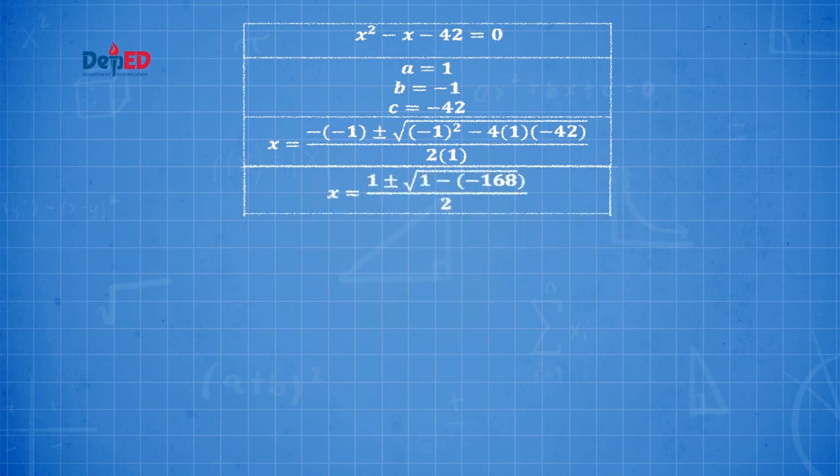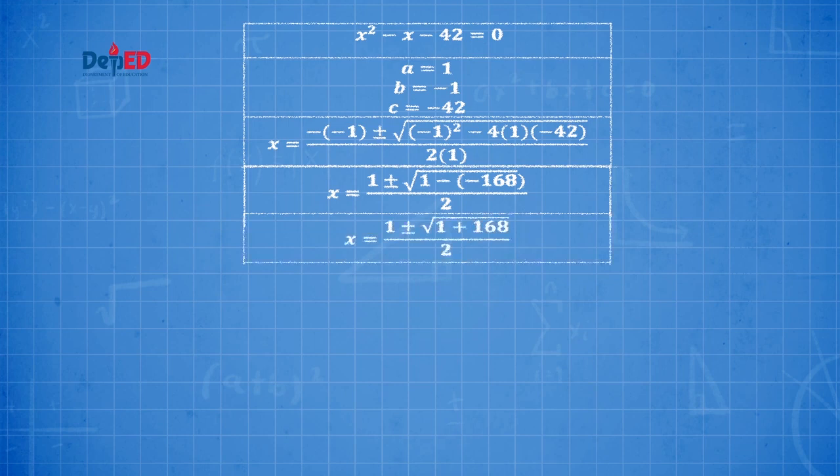Here, we see that negative of negative 1 is equal to positive 1. Under the radical sign, we see that the discriminant is now simplified into 1 minus negative 168. This is because negative 1 squared is equal to 1, and the product of 4, 1, and negative 42 is negative 168, and 2 times 1 is equal to 2.